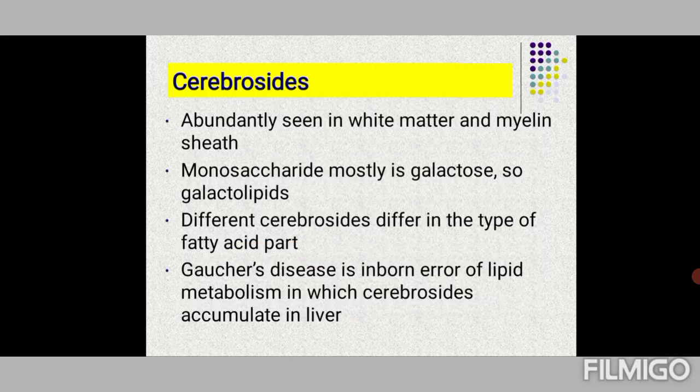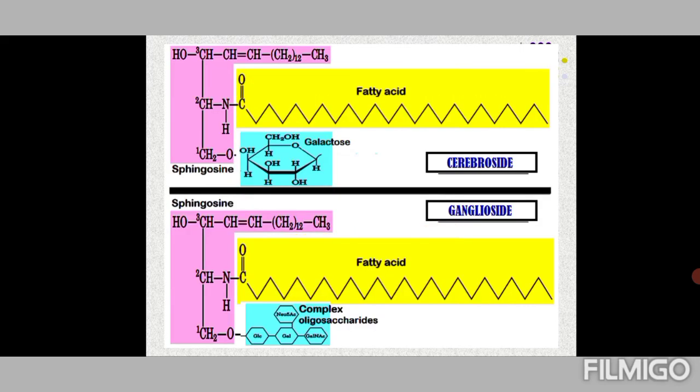So first of all, the structure of cerebroside. You can compare the structure of cerebroside and ganglioside here. Both of them have sphingosine here, and here it's the fatty acid. This is the same fatty acid here also, but they differ here.